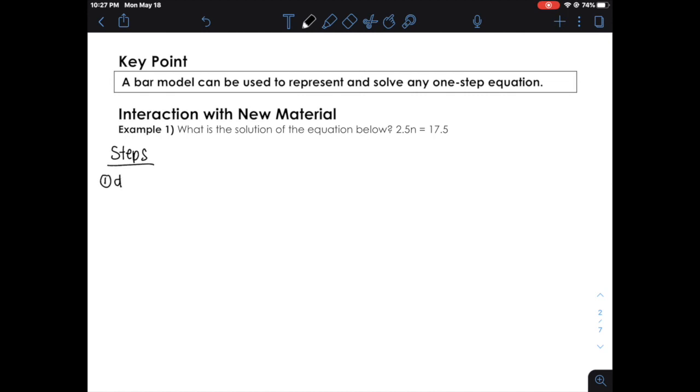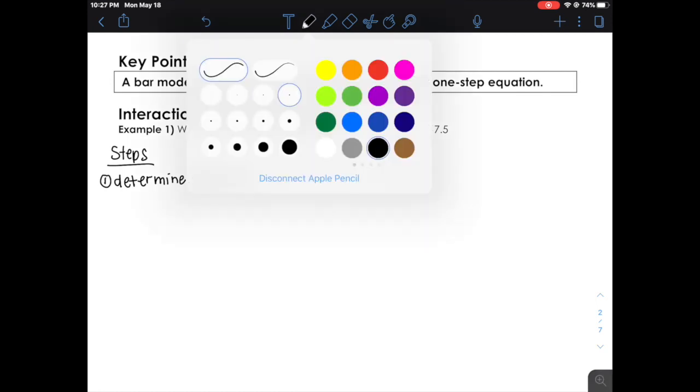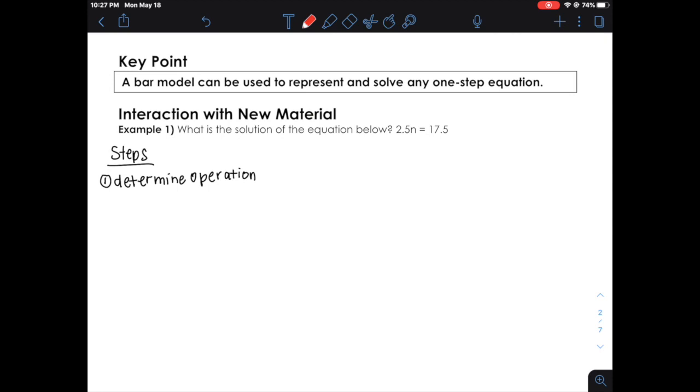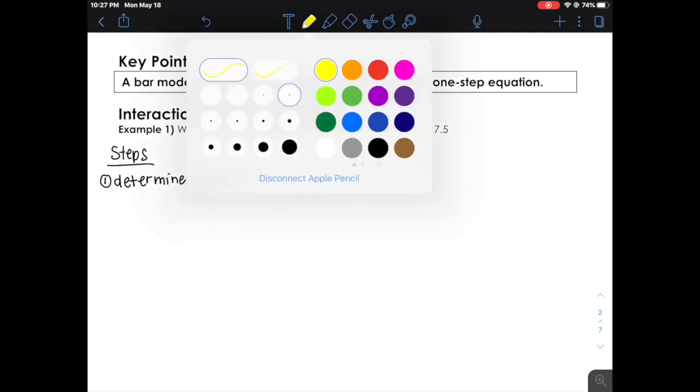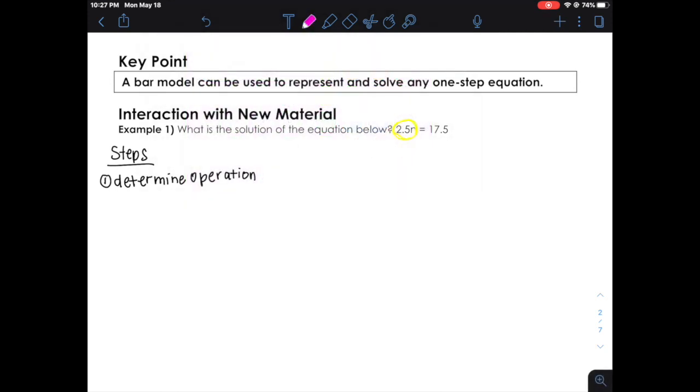Okay, so step 1 is determine the operation. In this case, our operation is going to be multiplication, and it's happening here between the 2.5 and the n.